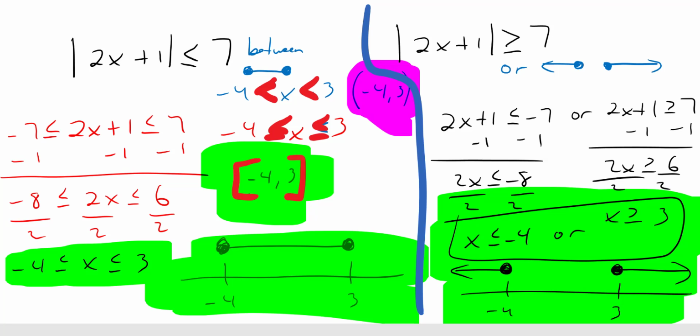All right, so that's the first kind of question, absolute value inequality. I want to do one more of these because I want to make it a little bit tougher. Okay, so let's give it a shot here.